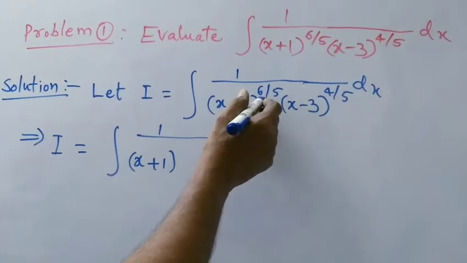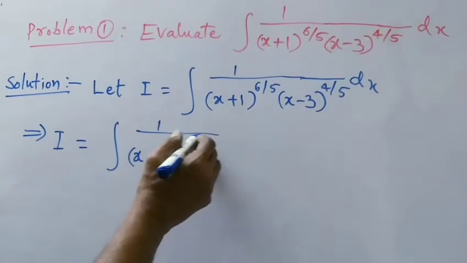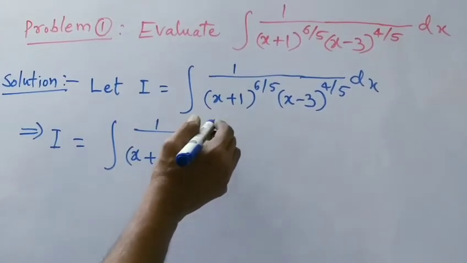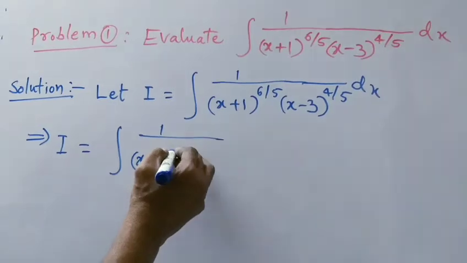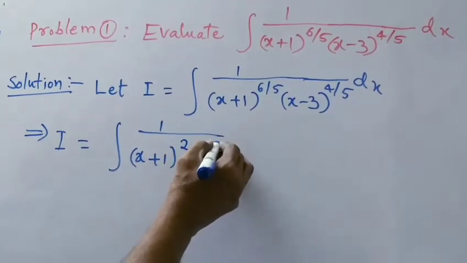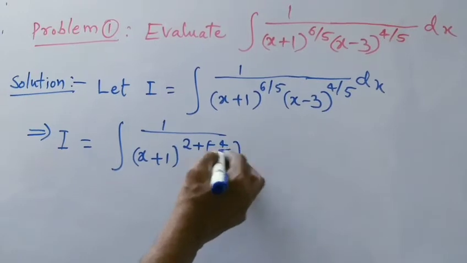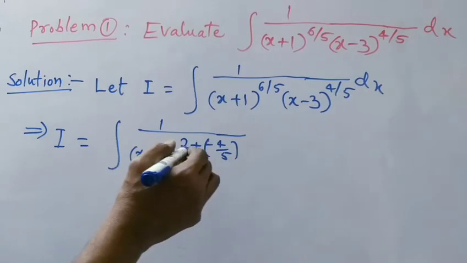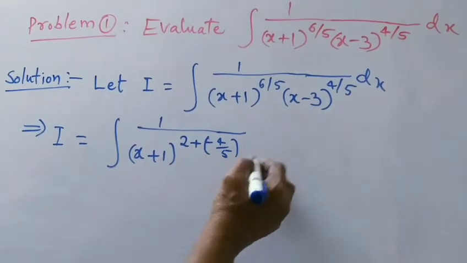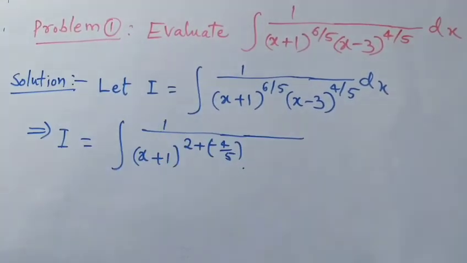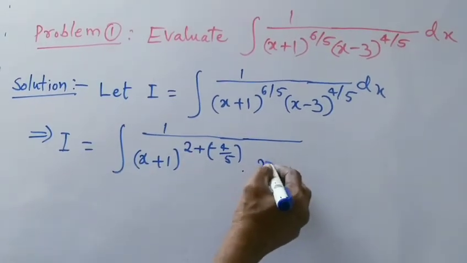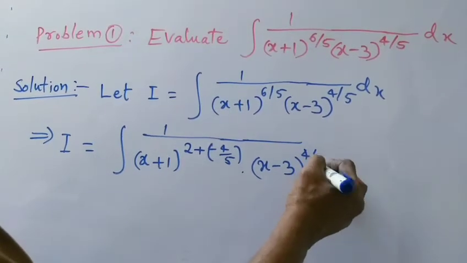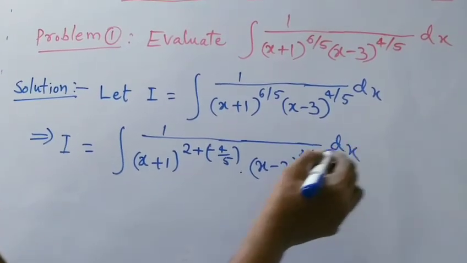Here 6 by 5 is the power, and for our convenience we can write it as 2 plus minus 4 by 5, into x minus 3 whole to the power of 4 by 5 dx.